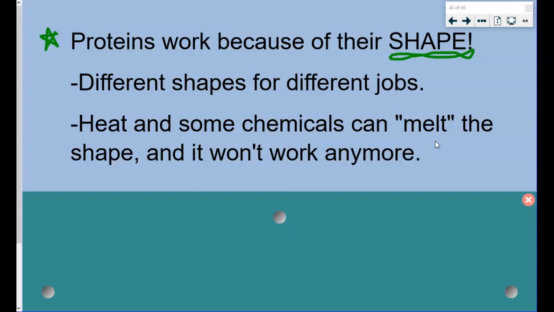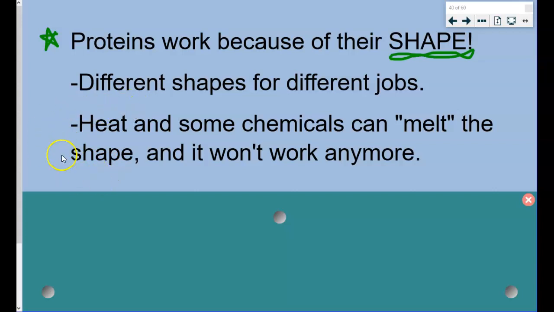Okay, so if proteins get too warm or if they're exposed to some chemicals, they don't work. They don't do the job anymore. Okay, so if you think about a screwdriver, if it melts, it doesn't have the right shape to fit in the screw and it's not going to work anymore. Okay, so lots of times we see this when we're cooking food.